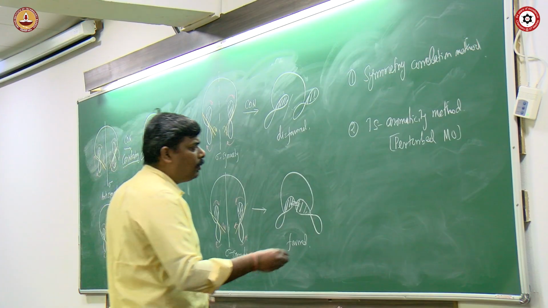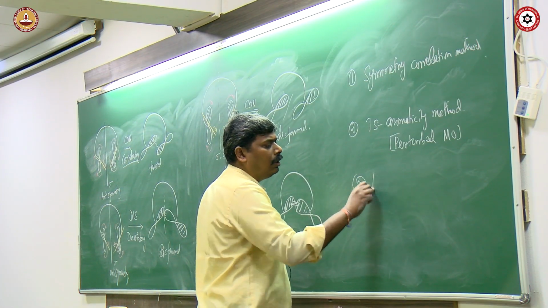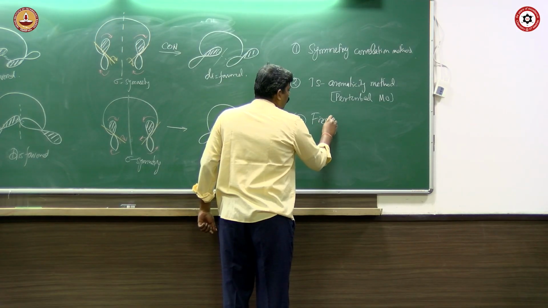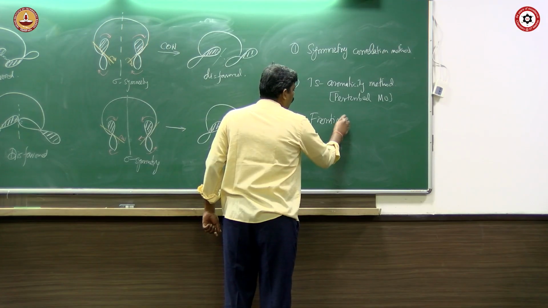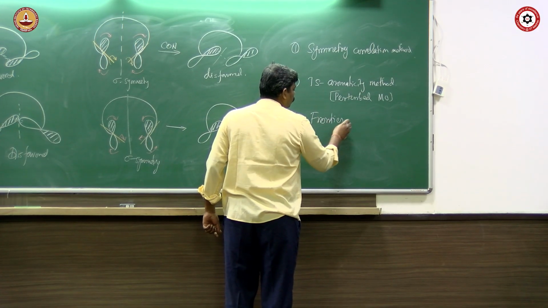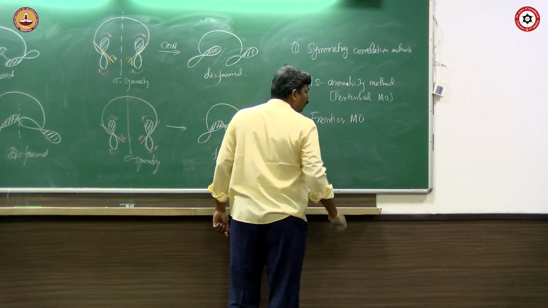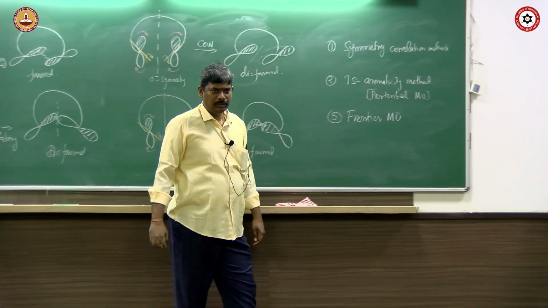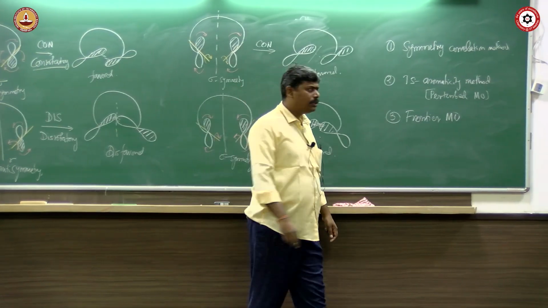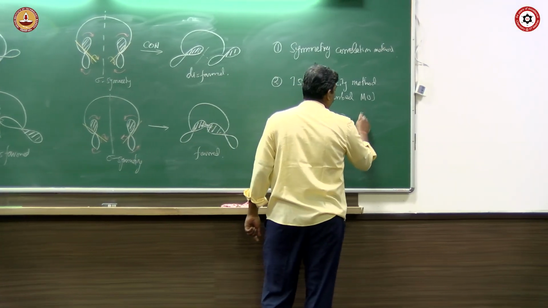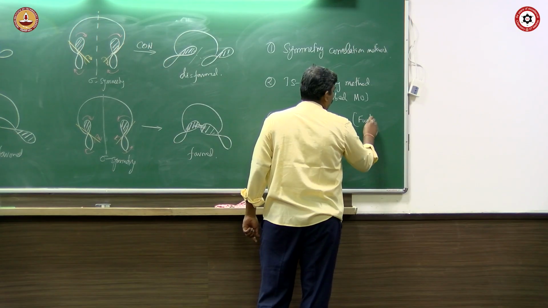The third one is what is called the frontier molecular orbital method, which is done by Fukui.